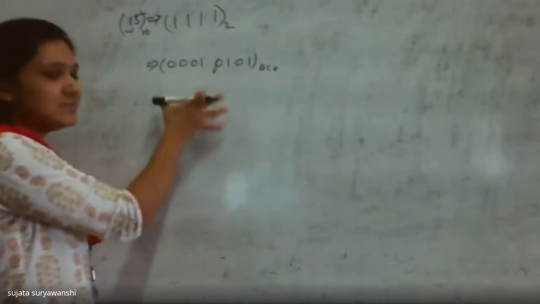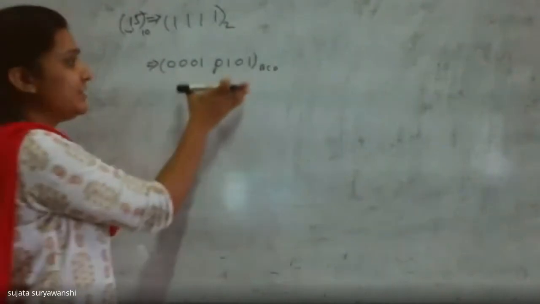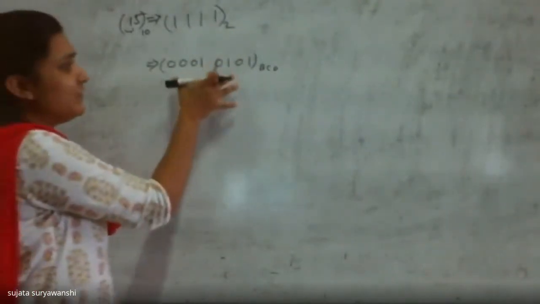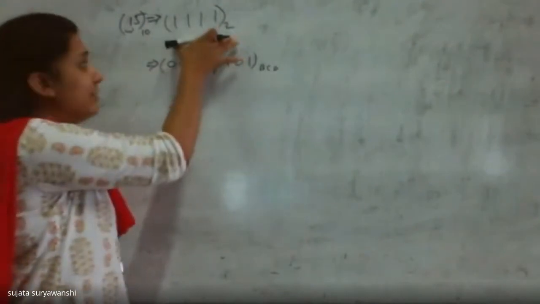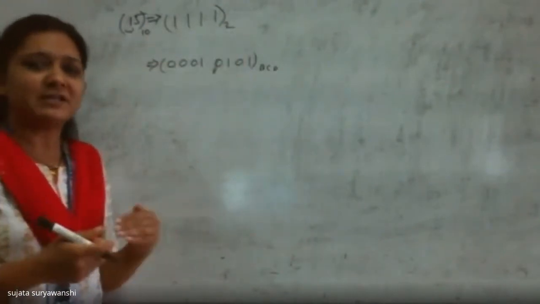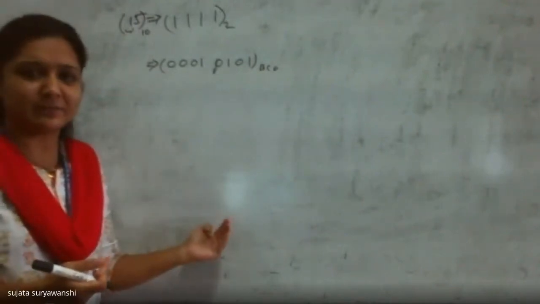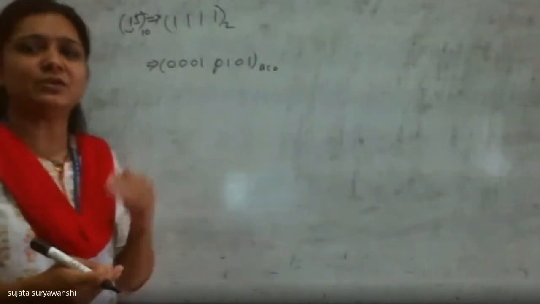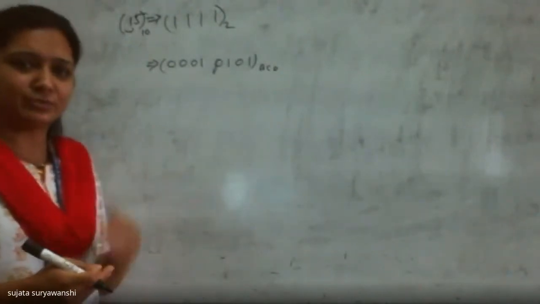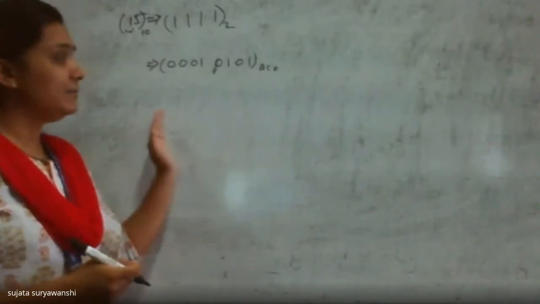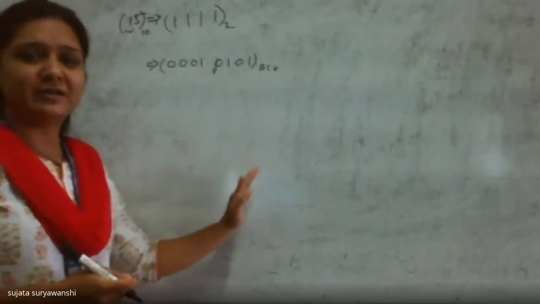This is the basic drawback or disadvantage of BCD over binary. And what is the advantage of BCD over binary? No need to remember the binary equivalent of all the decimal numbers. If you know the binary equivalent of 0 to 9, then you can easily write a BCD number for any decimal number.